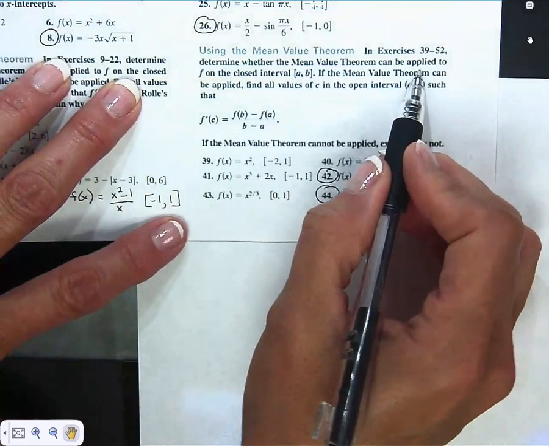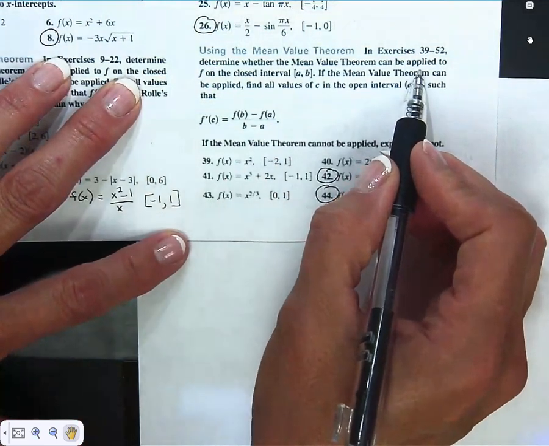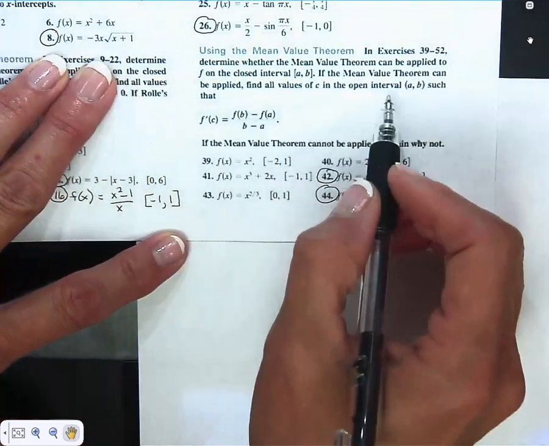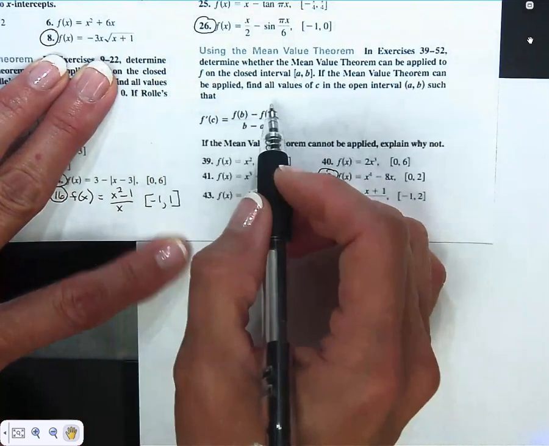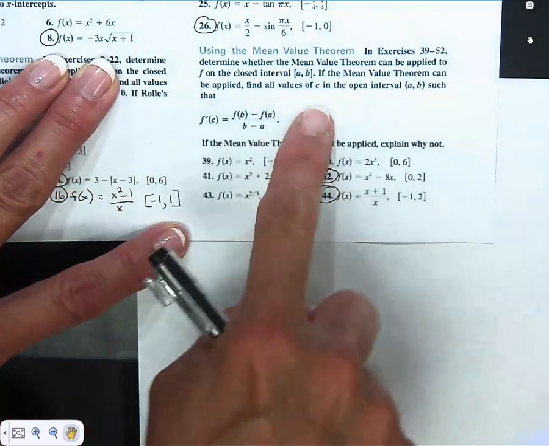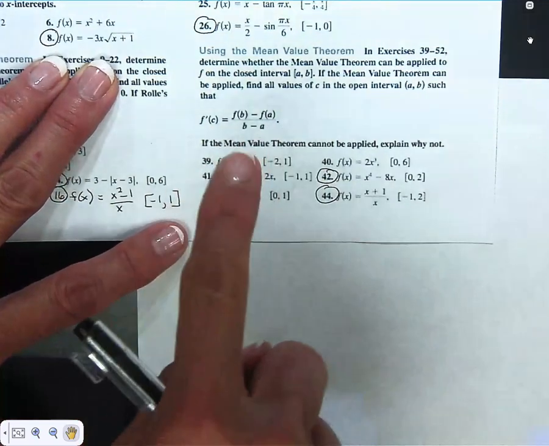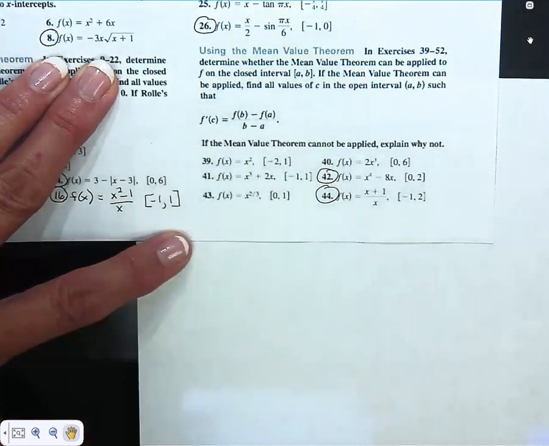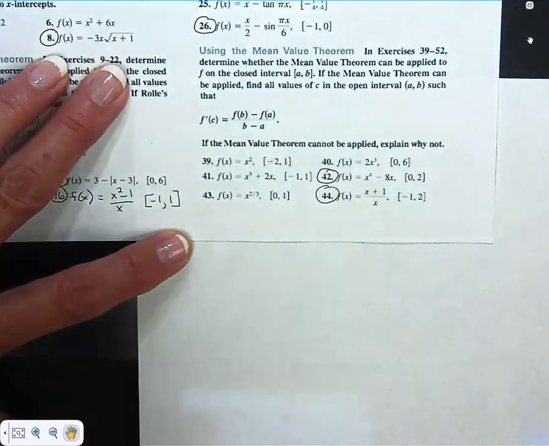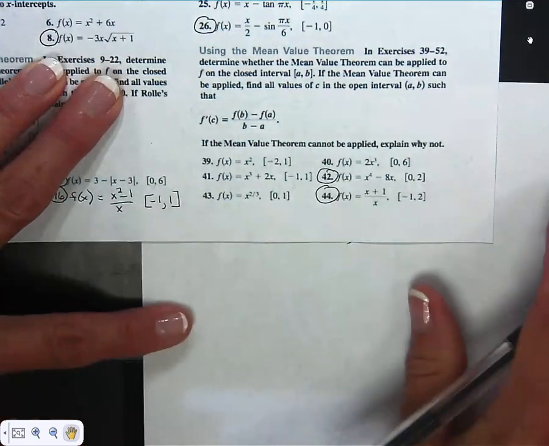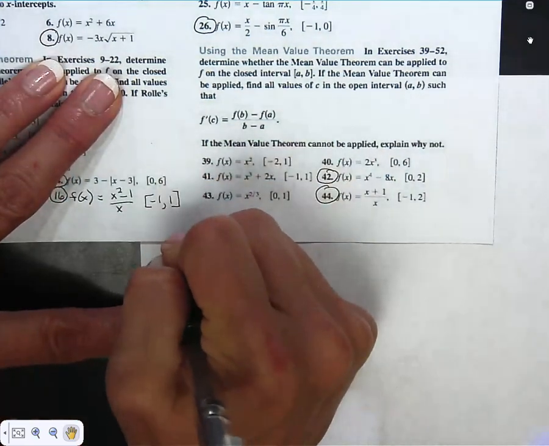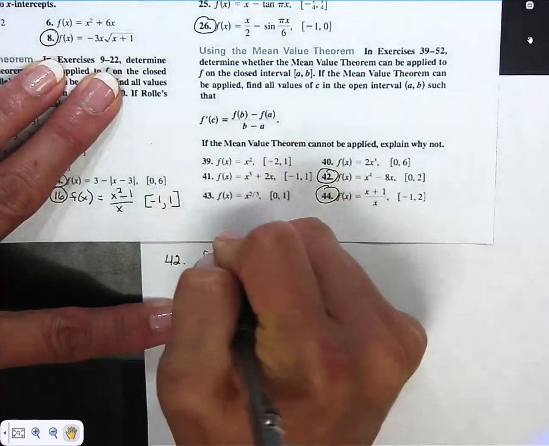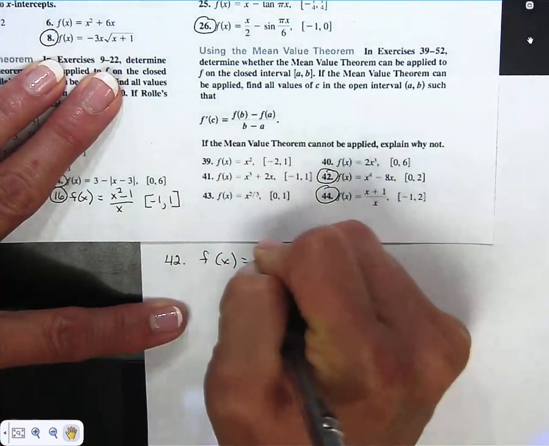That means check the differentiability and the continuity. If the mean value theorem can be applied, find those values C where the slope of the secant line is the same as the slope of the tangent line. All right. So 42. Thank goodness it's a nice little polynomial.